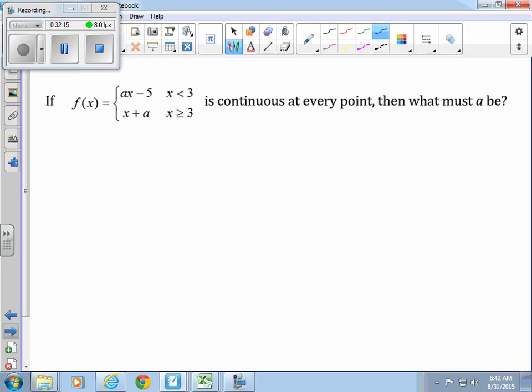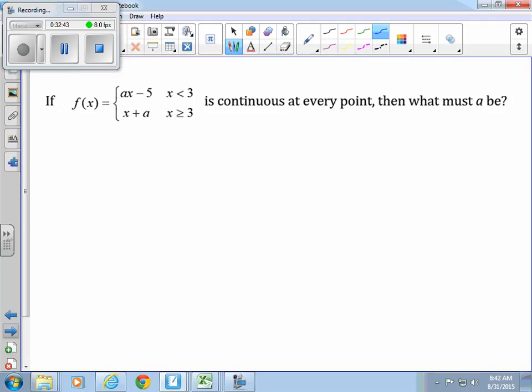We know x plus a is continuous, it's just a line. So if this didn't work, where would be the problem? At 3. Why at 3? That's where they meet. So normally we're wondering, do they meet in the same place? Now it's make them meet in the same place.